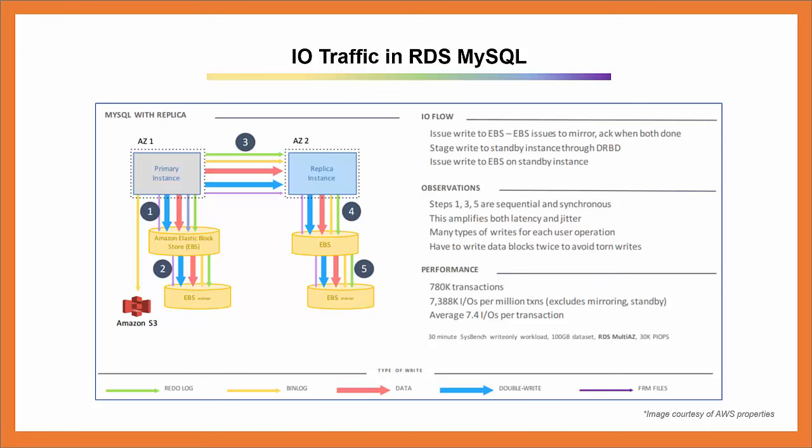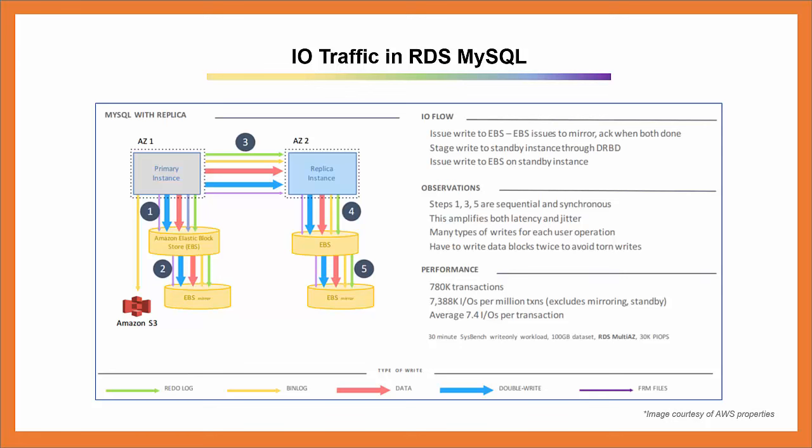Then the EBS service will automatically mirror that data to another EBS volume to have the durability and availability that EBS gives you.